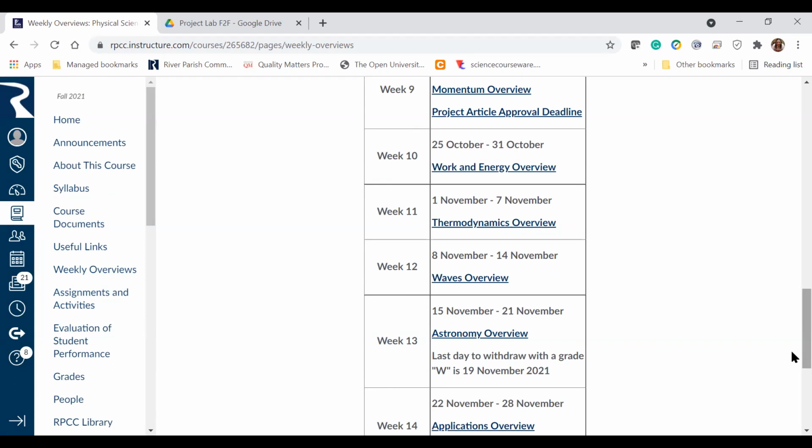So you don't want to be losing points on this, because it is an important assignment, but it is not an unmanageable assignment, because really all I'm asking you to do is, in your own language, tell me as best as you can what the article is about and how it relates to things you've come across or learned in this class. All right? Everybody okay with that? What are your questions on the project?